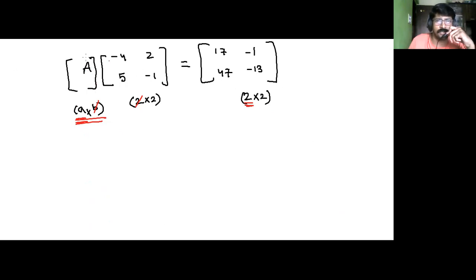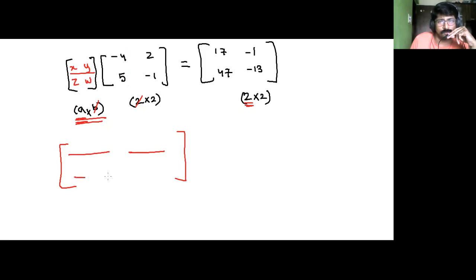Instead of writing A, we will write X, Y, Z, and W. Okay. And now when we multiply with this matrix, we're going to get this matrix. So how to multiply these two matrices? We're going to get the order something like this way. Now 2 by 2 with this 2 by 2 matrix, so there has to be 2 rows and 2 columns, isn't it?